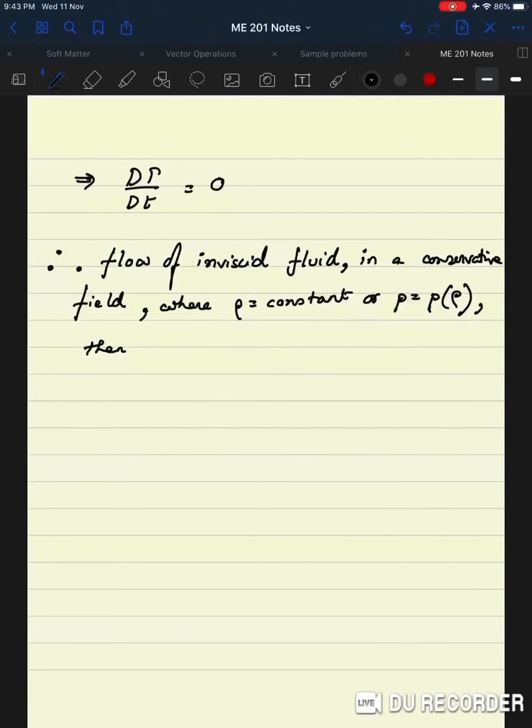With respect to time, so then d tau dt is equal to 0, and this becomes the statement of Kelvin's theorem.